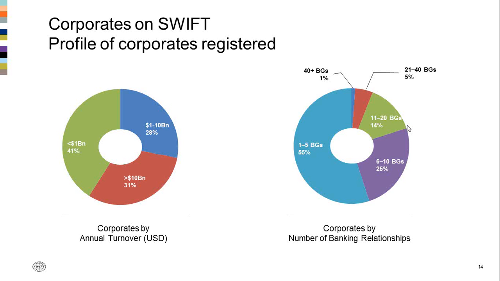And while that's certainly true, and you can see on the right-hand side of the donut that very many corporates are using SWIFT to talk to 10, 20, 40, in some cases even hundreds of their banking partners around the world, you can see from the pale blue segment on the left that actually the vast majority of the corporates that we have on SWIFT today are in the 1 to 5 banking group segment. They're using SWIFT to communicate with only a relatively small number of banks. And I was very interested to see the poll at the beginning of this webinar.